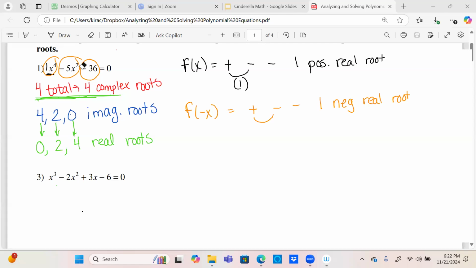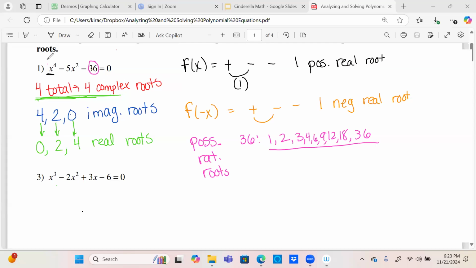Okay, so that's kind of all. Well, nope, I lie. Now we need to get the possible rational roots. Take all the factors of the back constant, ignore that it's negative. So 36, what can go into 36? 1 times 36, 2 times 18, 3 times 12, 4 times 9, and 6 times 6, but you don't need to write it twice.